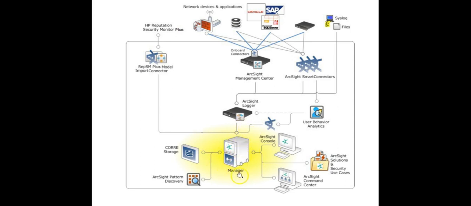Here are the interfaces for the manager. You have the ArcSight console, and we will talk about it in detail later in this course, and the ArcSight Command Center, which is a web interface. The ArcSight console is a workstation-based interface, a Windows-based application, while this one is web-based, so you can open any browser and access the manager.